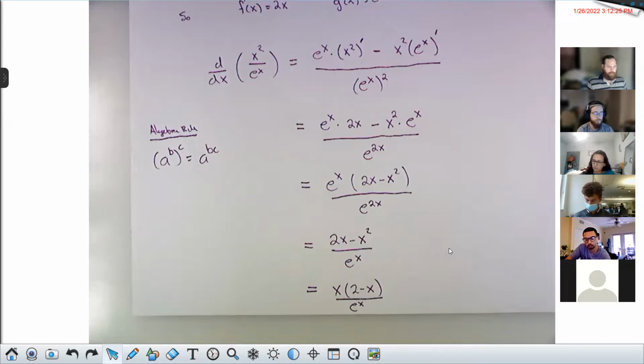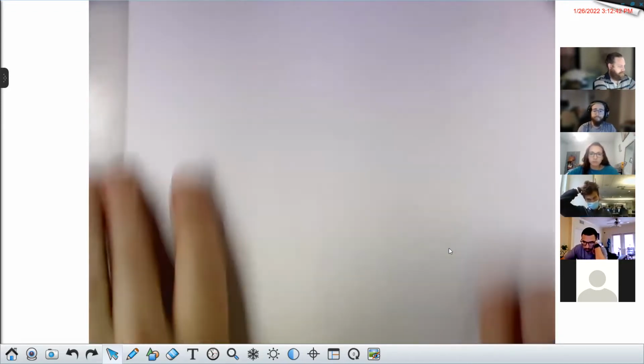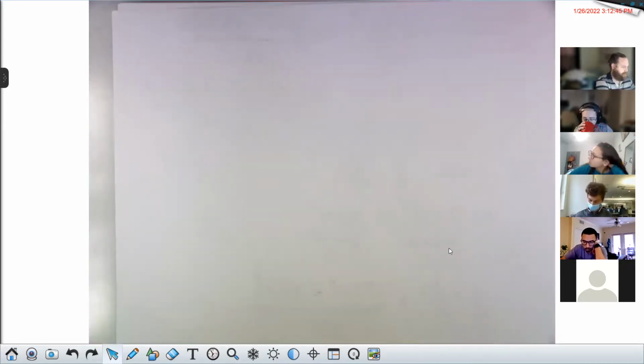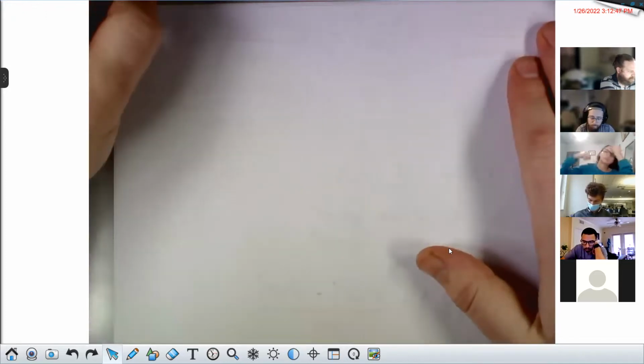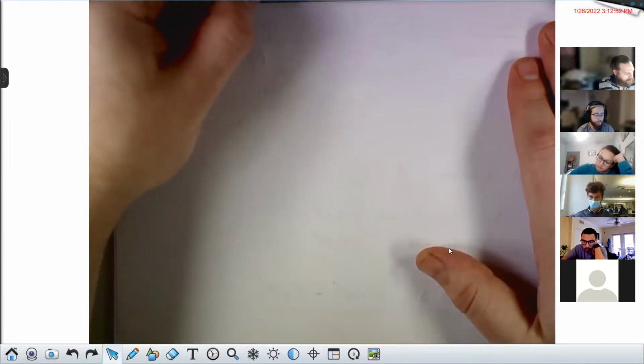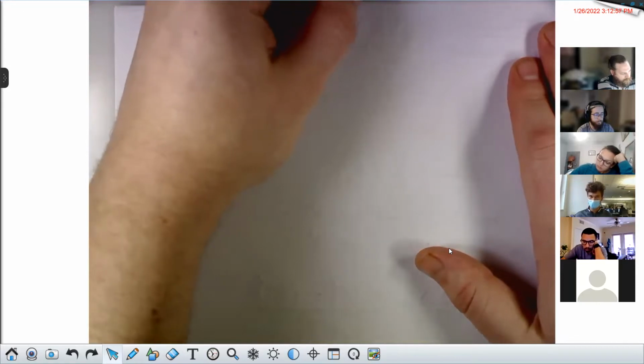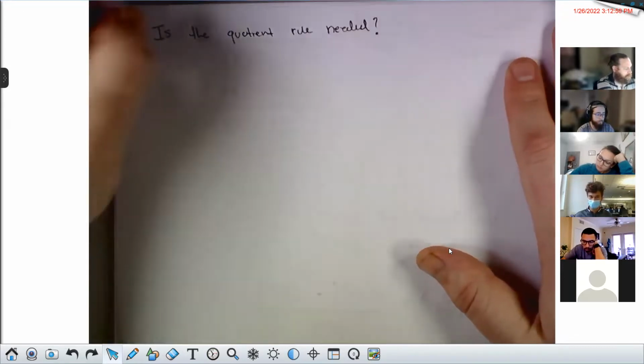Before I let you go, there's one other thing I want to look at, and that is problems where the quotient rule appears to be necessary but isn't. We saw one of these the other day. So is the quotient rule needed?